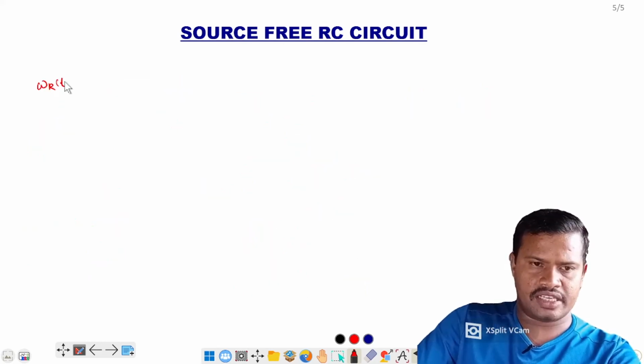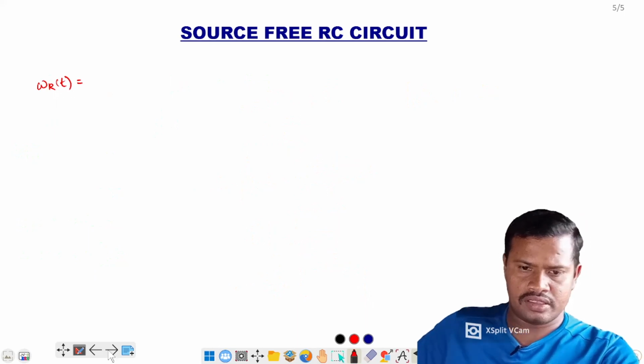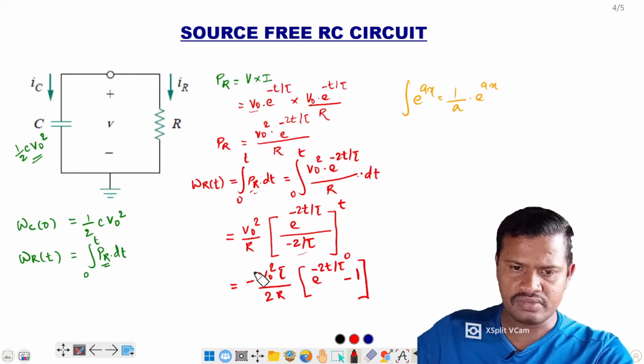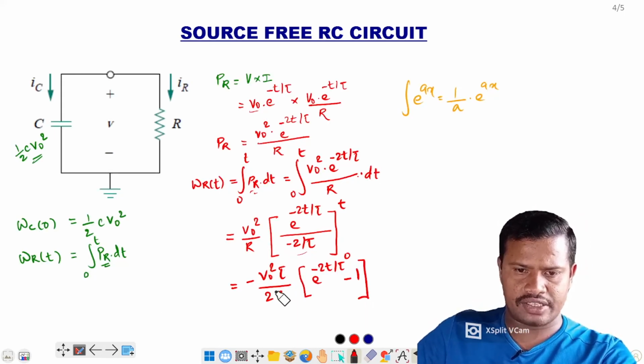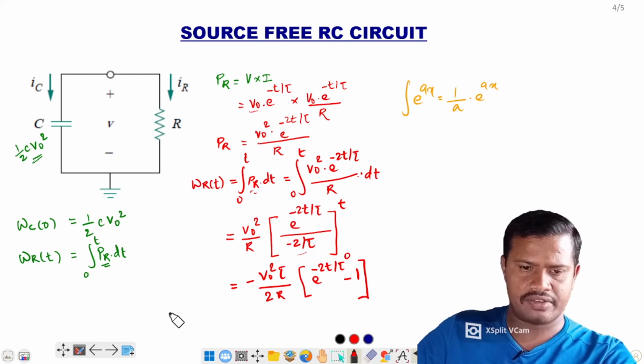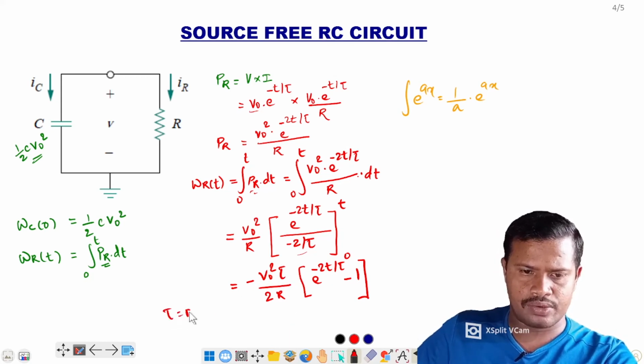Next, in this equation, negative V naught square tau by 2R, we know that tau is equal to RC, and we will apply it here.